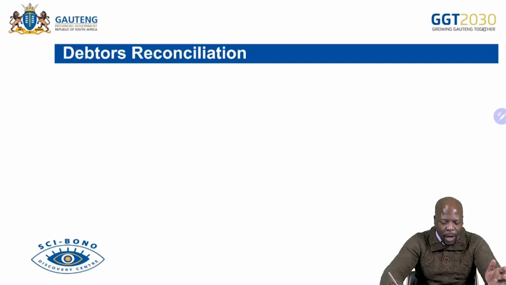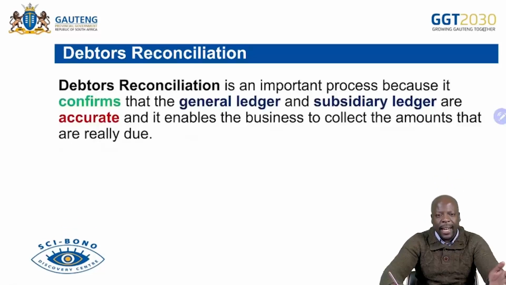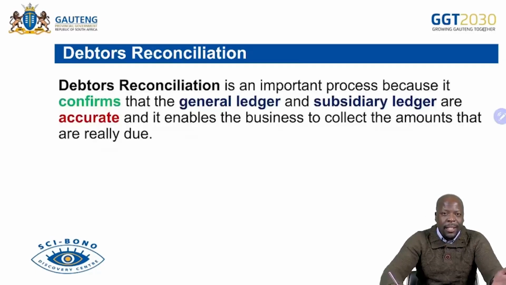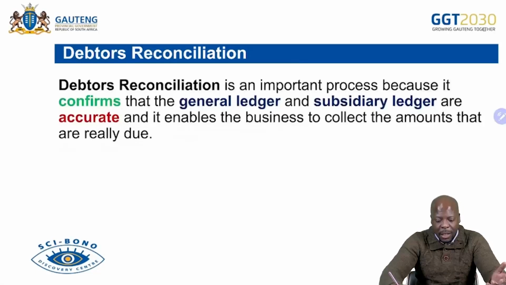As we go on, we now want to define what this debtors reconciliation is all about. Already you should know by now what a debtor is. A debtor is an individual or a business that owes us money because we have sold goods to them on credit. But what is the debtors reconciliation then? The debtors reconciliation is an important process.